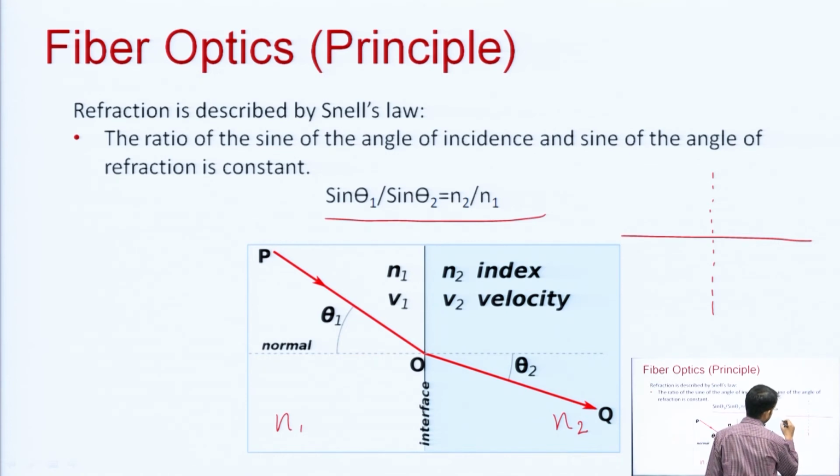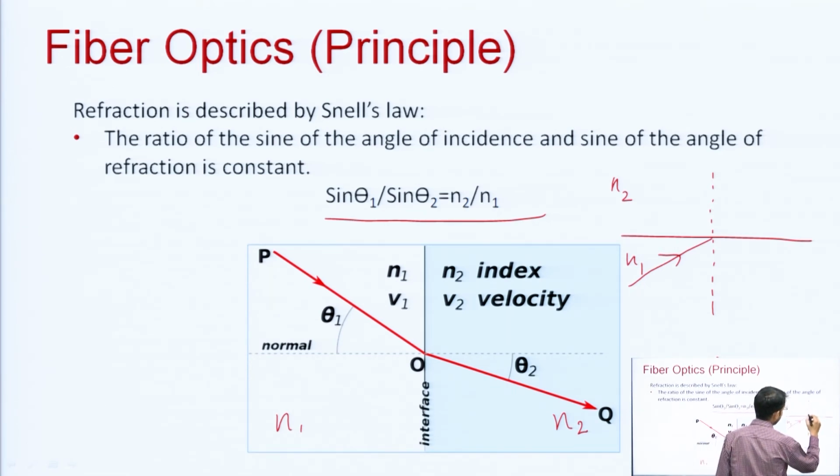Suppose this is core with refractive index N1 and this is cladding with refractive index N2. So, we have seen that N1 is greater than N2, right? N1 is greater than N2. Now, if a light ray is coming in this direction, what happens at this surface?